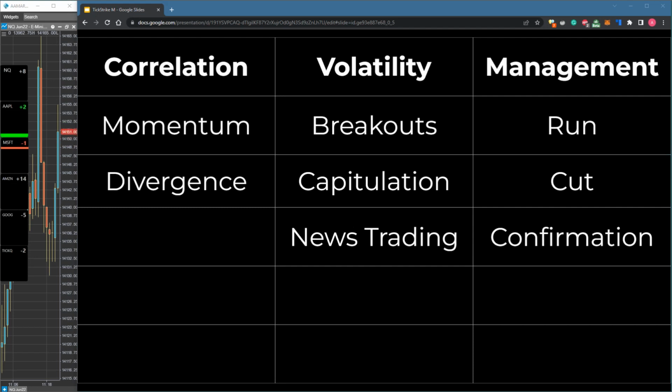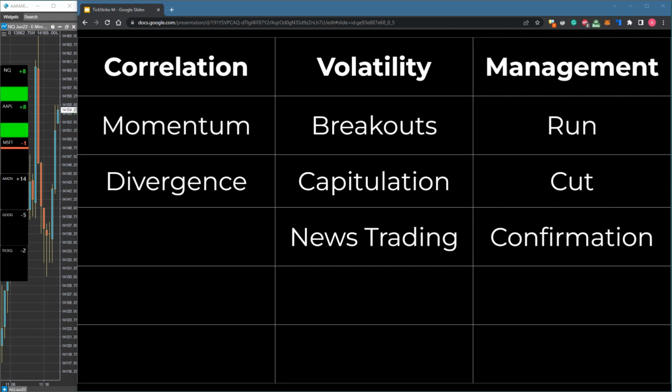But the key thing you're trying to do as a trader, this is what all of you are trying to do, is increase your probability of success. Because whenever you enter a trade, the probability is 50-50, right? The market can either go up or it can go down. There's a binary outcome: it's either up or it's down.